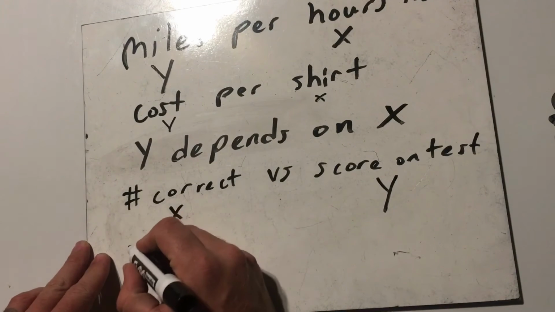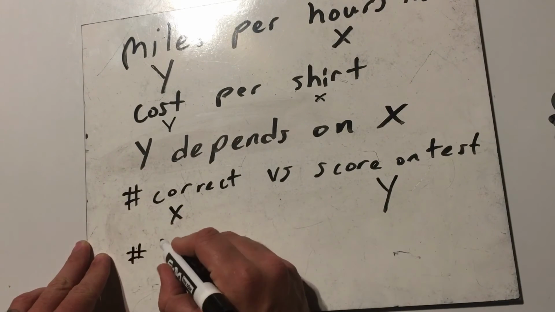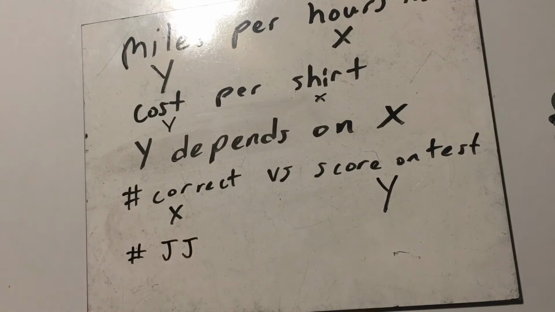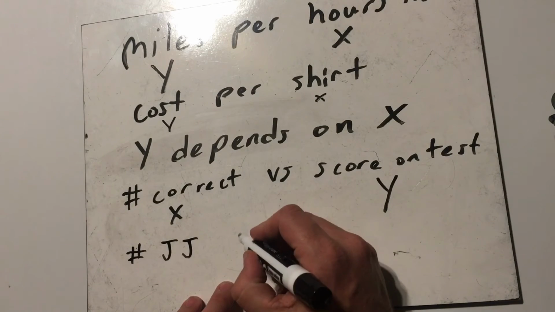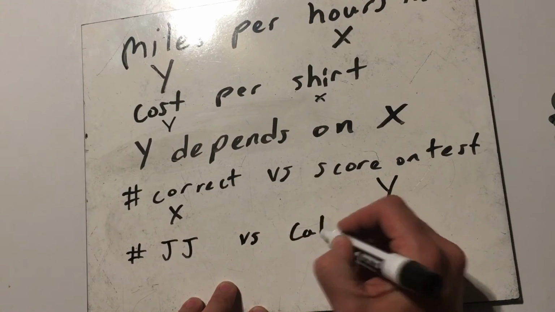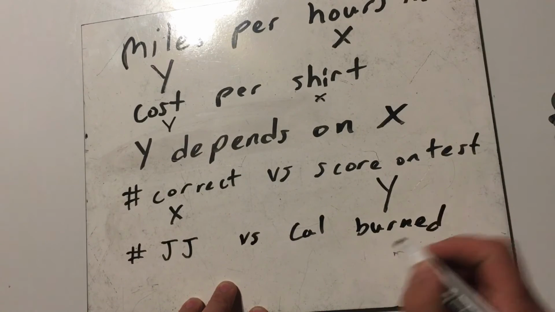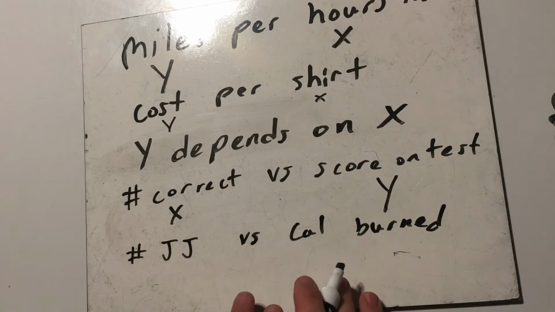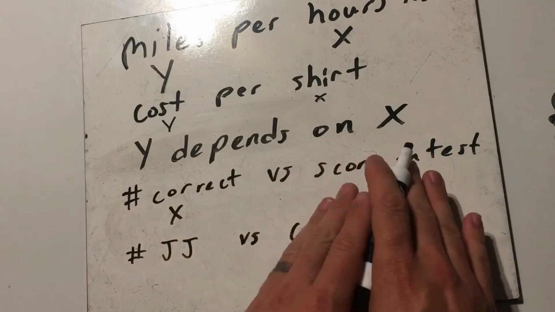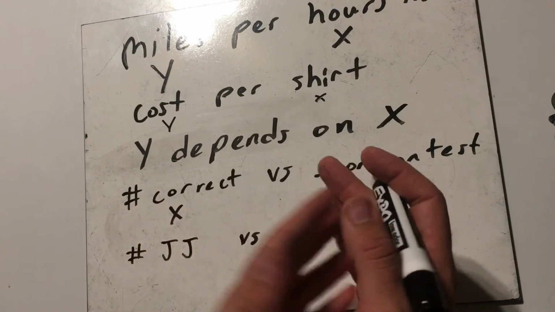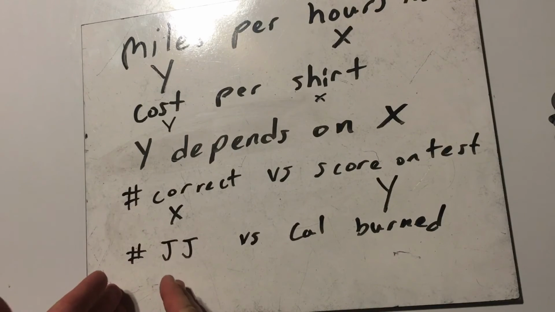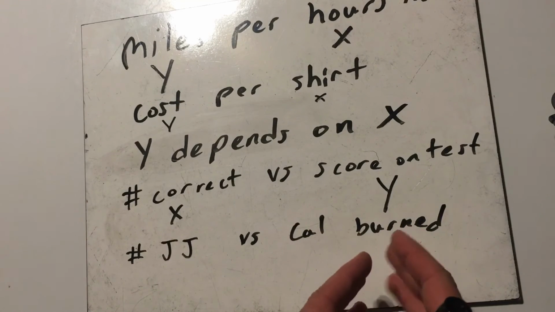Here's another example like that. If I have the number of jumping jacks versus my number of calories burned, right? Well, if I look at this, Y depends on X. What depends on what? Does my number of jumping jacks depend on my number of calories burned?